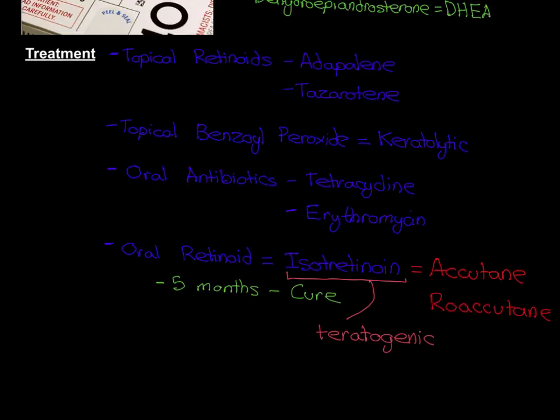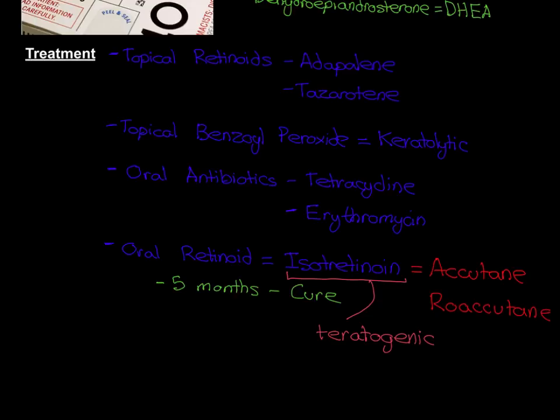Then we come on to the oral retinoid therapy, which is this drug isotretinoin, still more commonly known by its infamous brand names Accutane and Roaccutane. This is a drug that is taken for 5 months, and by the end of that 5-month therapy, most people will be completely acne-free, and most people will never get acne again. We've discussed the speculation as to why that is. It has severe side effects whilst you're on it, which can persist after you stop taking it for reasons that we've discussed.